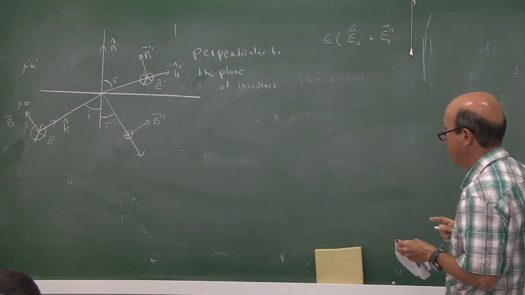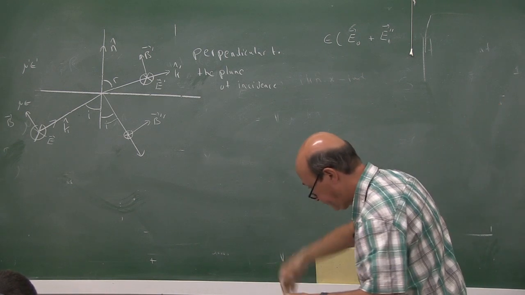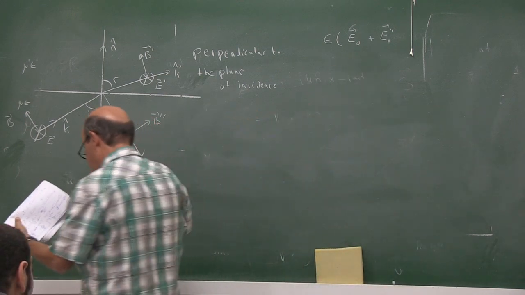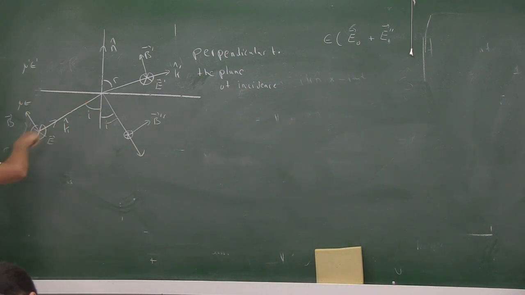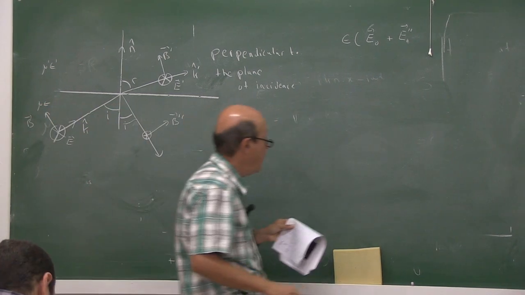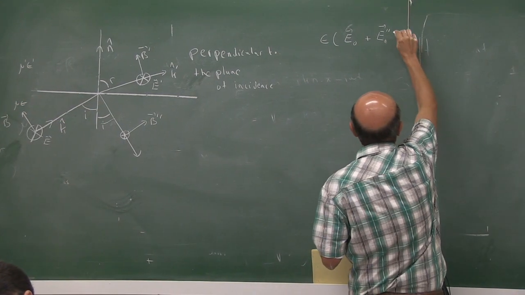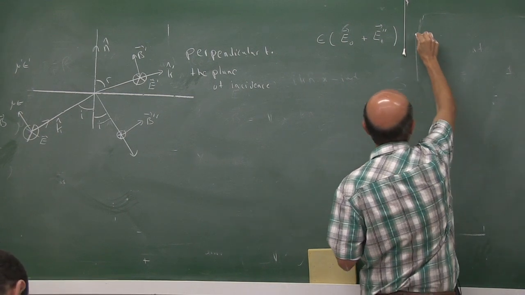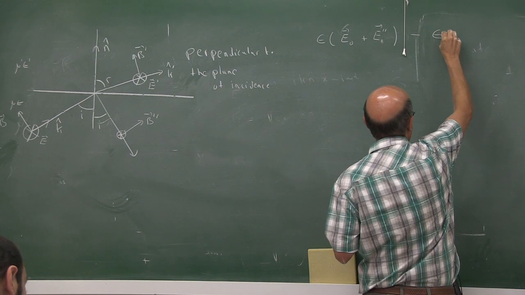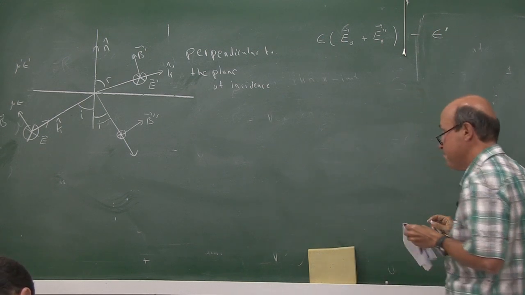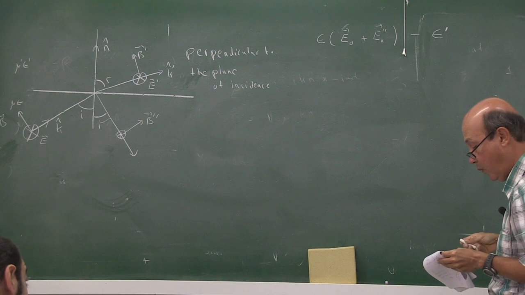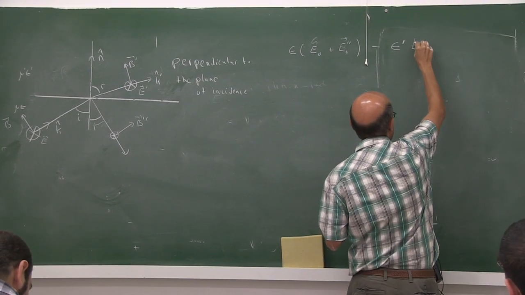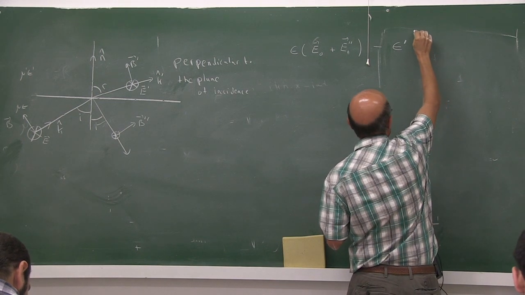So double prime shows the reflection, and without prime shows the incident. And for the transmitted wave, the medium is different, has a dielectric constant epsilon 1, and the electric field of the wave is E prime.